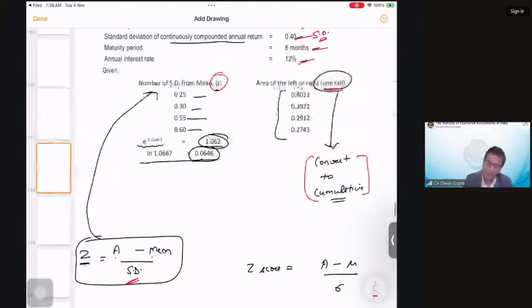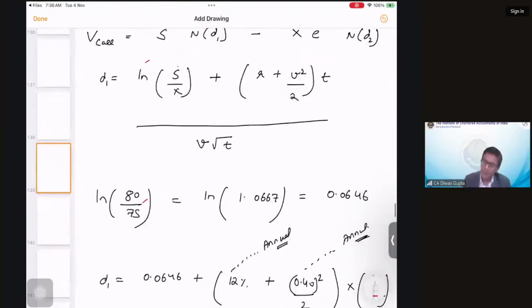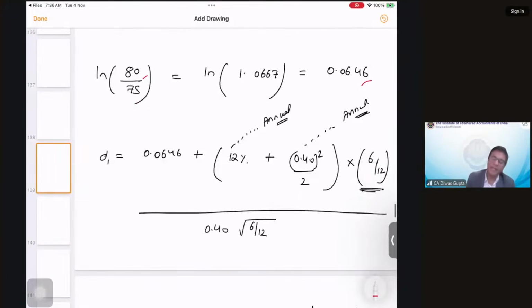This was given in the question: 0.0646. We will just take these values. 0.0646, and then we will put it in D1: 0.0646 plus. All these things have to be annual, because already with time we are multiplying later on, which is 6 by 12. So 12% and 0.40 have to be the annual metrics.